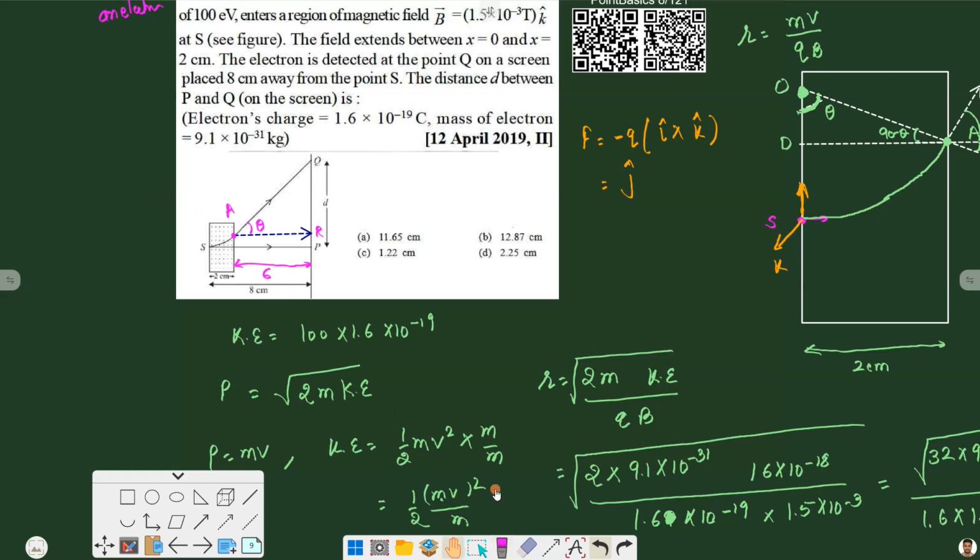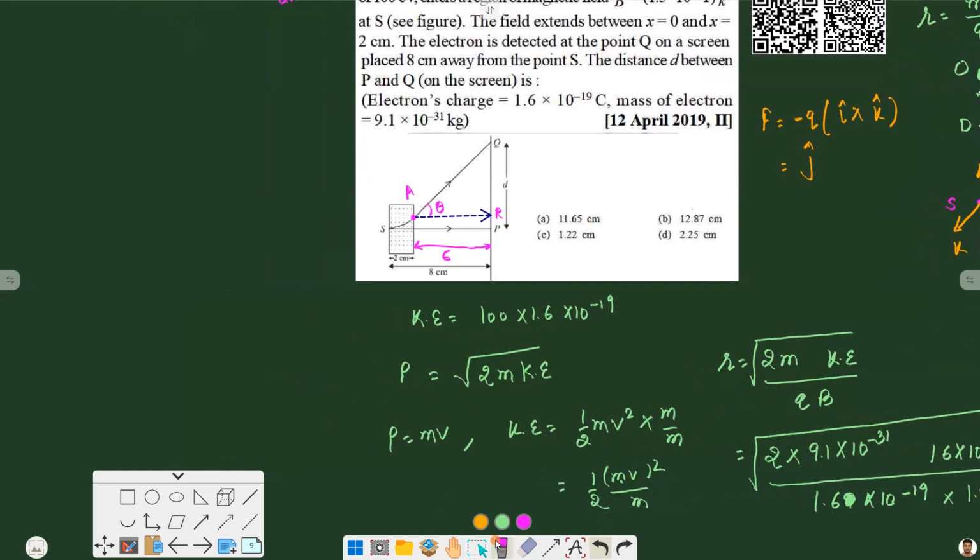Now in triangle ARQ, we know the base, we know the sine theta. Sine theta is equal to 2 by 2.25. So what can we find now? We can find out the hypotenuse.